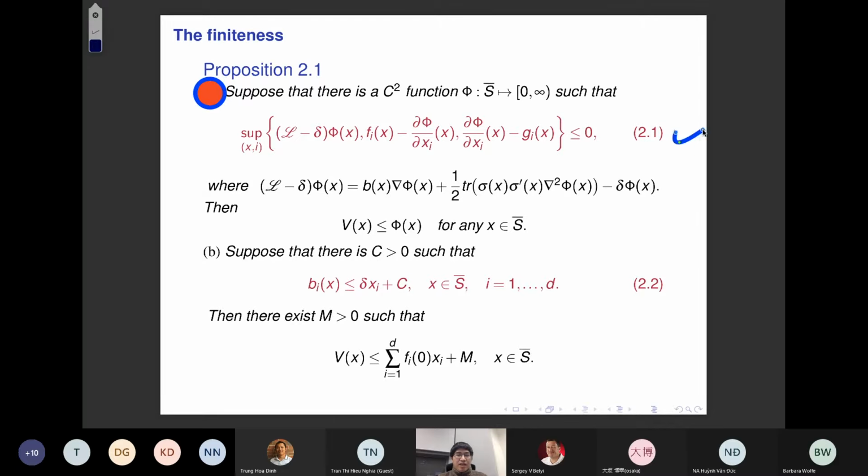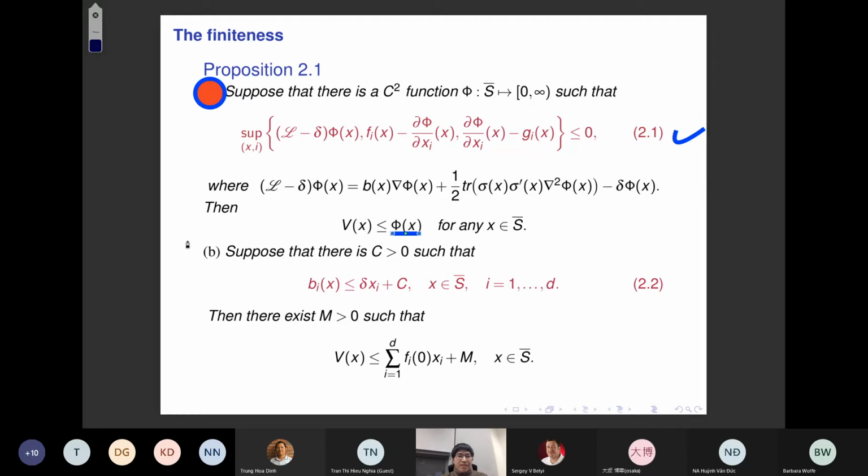Roughly speaking, if we can find a C2 function satisfying this system, then that function is an upper bound of the value function.